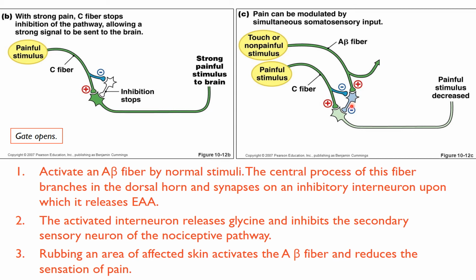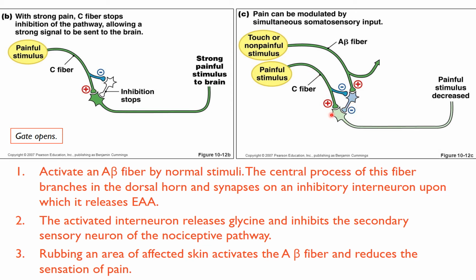And as a result, it is able to release a little bit of glycine, not as much as it was, but enough to induce a dampening effect onto this secondary sensory neuron. If you note here, this secondary sensory neuron is kind of a pale green now compared to the left side, where we had full-on pain, but nothing was happening with the interneuron. Now the interneuron has kind of applied the brakes, if you will.